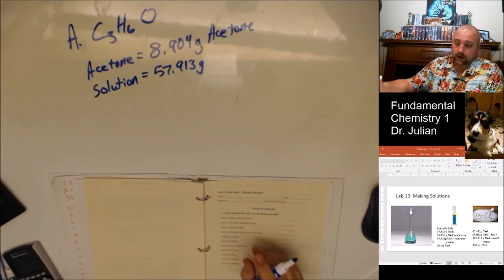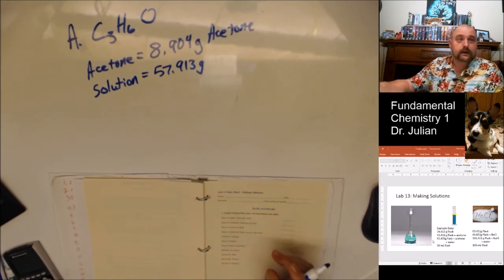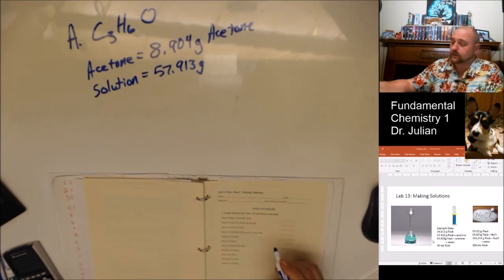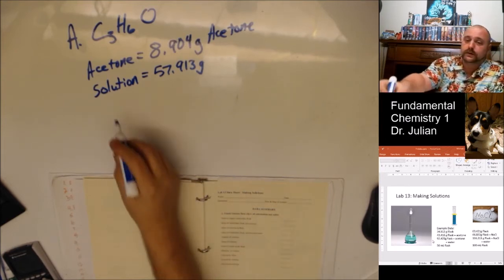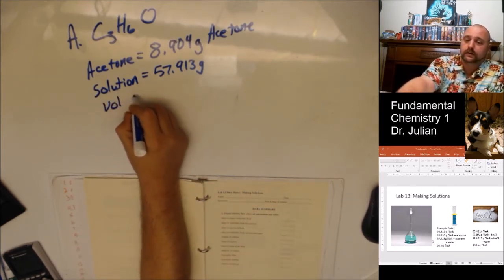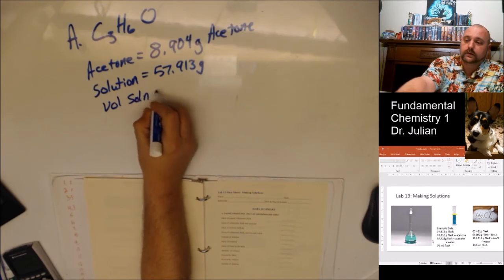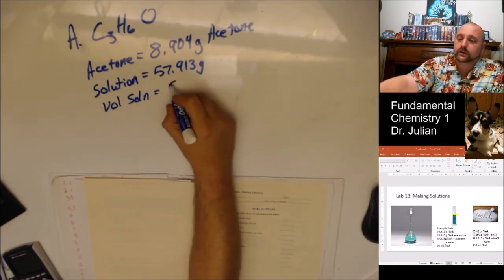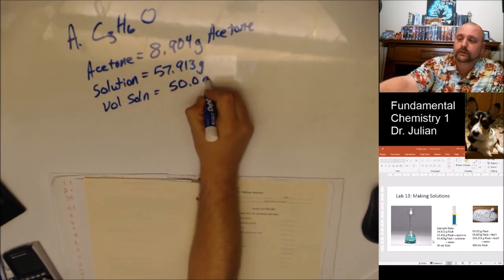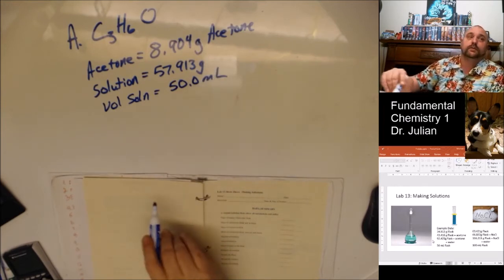Okay, and then it also says, hey, what was the volume of the solution? So the volume of the solution was 50.0 milliliters. Now, it depends on which volumetric flask you use.